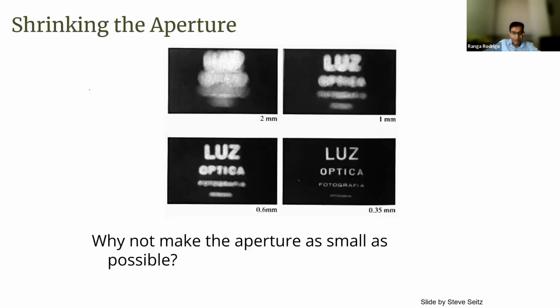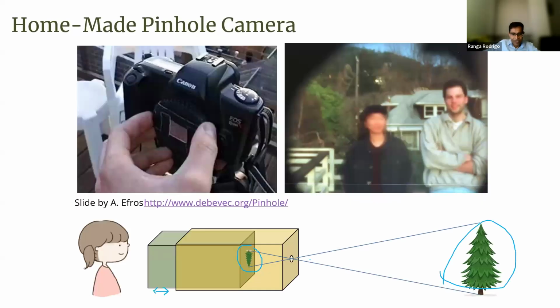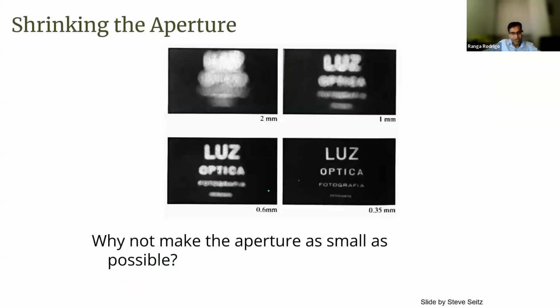Now the one problem is that when the hole is large, there is a blur. We'll look at why that is, and therefore we want to make the hole smaller and smaller. So you can see the hole is large here. There's a blur. What's the reason for the blur?